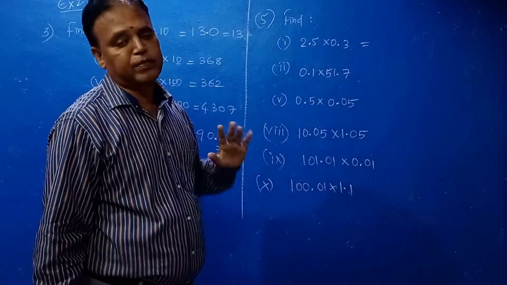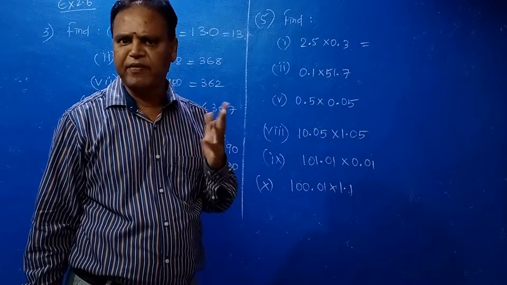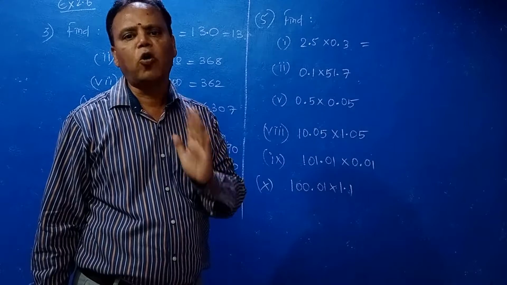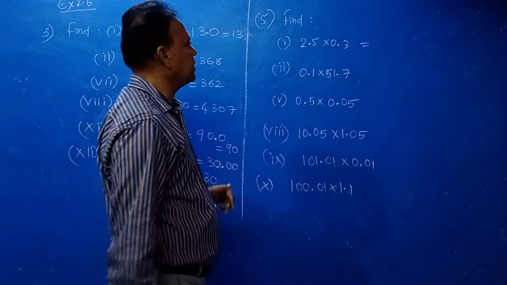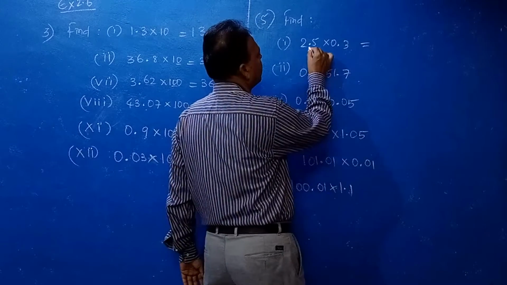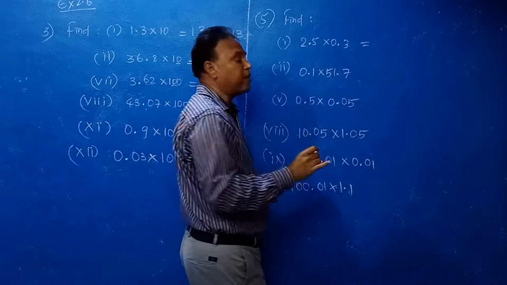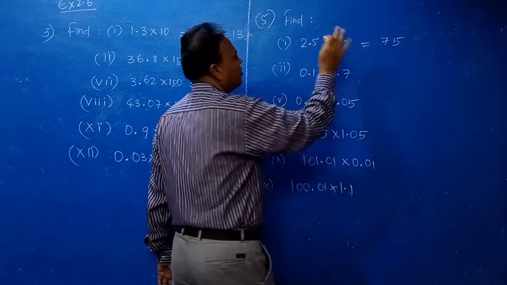Multiply the decimal numbers. It's ordinary multiplication only. You know how to multiply the numbers. Same way, then you have to see how many digits are after the decimal. First one: ignore the decimal and multiply the numbers. 25 into 3, 75.